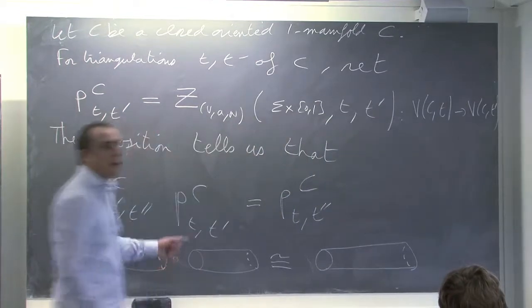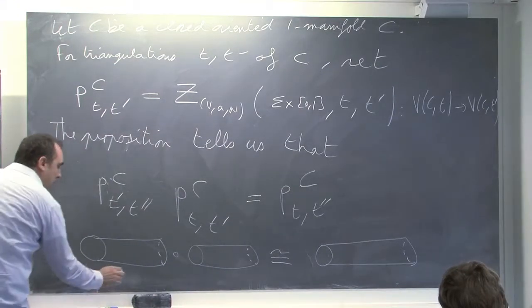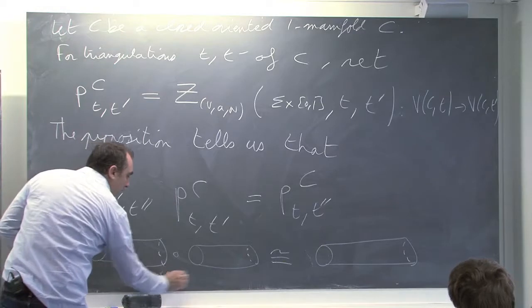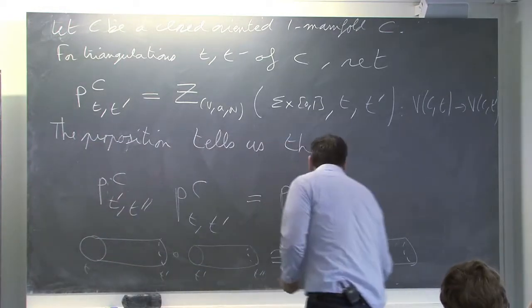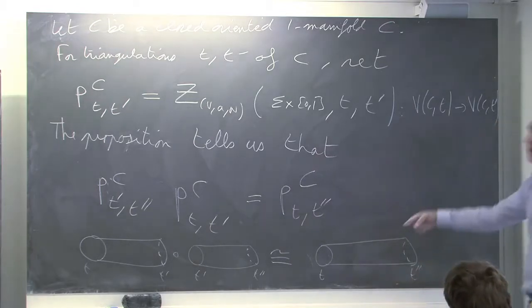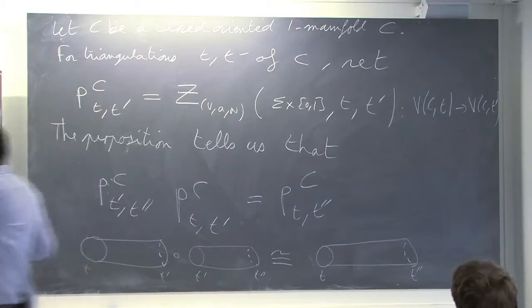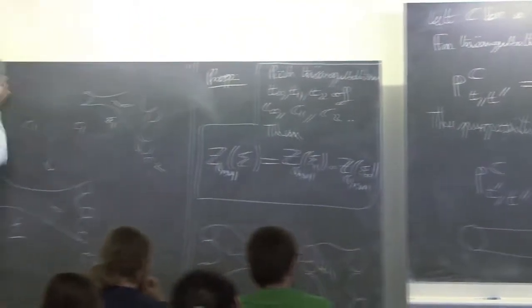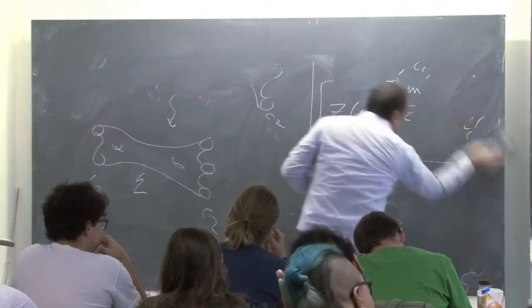This follows because the gluing of two cylinders is a cylinder. If you have T, T prime, you end up with T and T prime prime. So by the proposition, you obtain this. In other words, what do we have? Then we have a projective system.